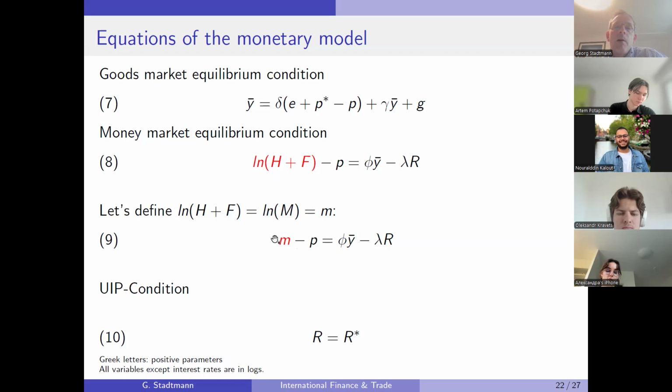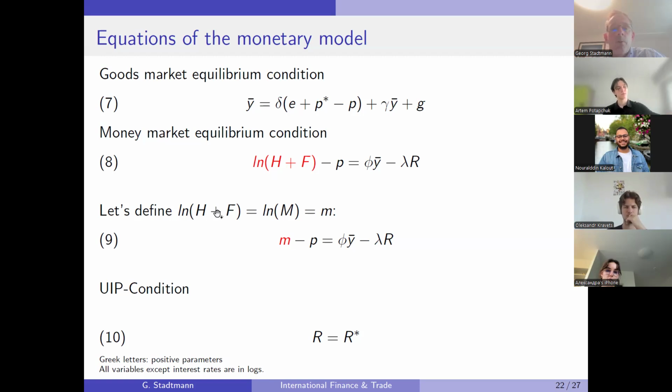And then we argue that money supply is endogenous because the foreign component of money supply is endogenous. When the foreign component of money supply changes, then money supply will change.